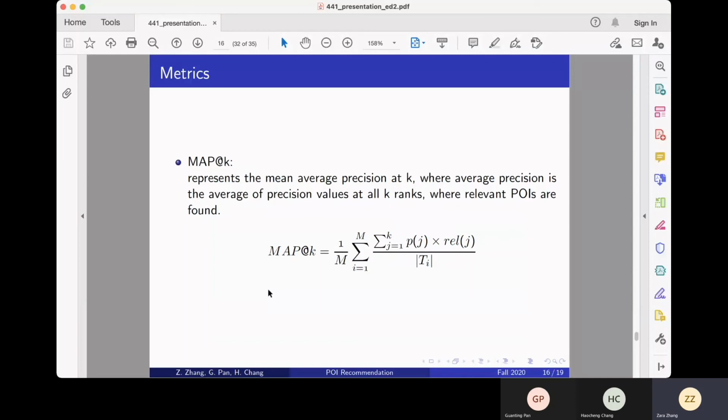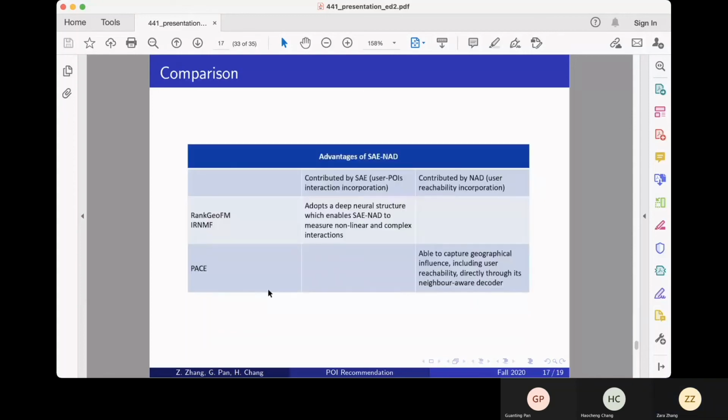Among all models in our comparison group, RankGeoFM, IRNMF, and PASS produce the best results. Nonetheless, these three models are still not comparable to our proposed model. The reasons are explained in detail in the following chart. Both RankGeoFM and IRNMF incorporate geographical influence into their ranking models, which is significant for generating POI recommendations.